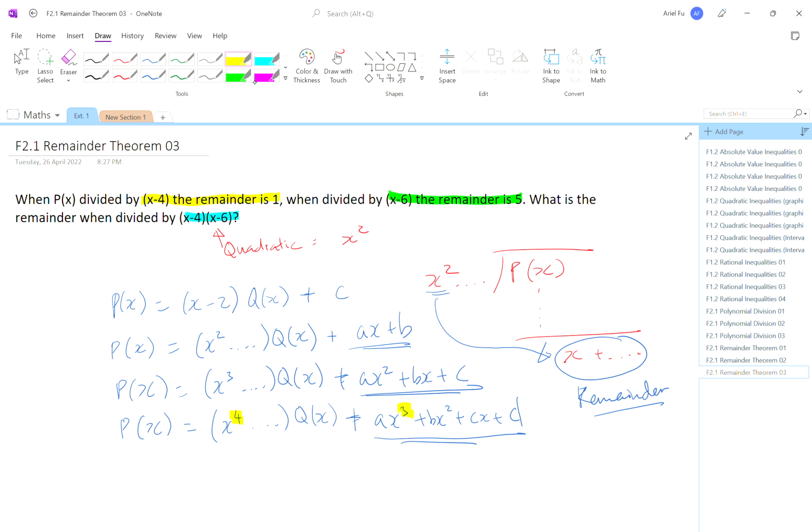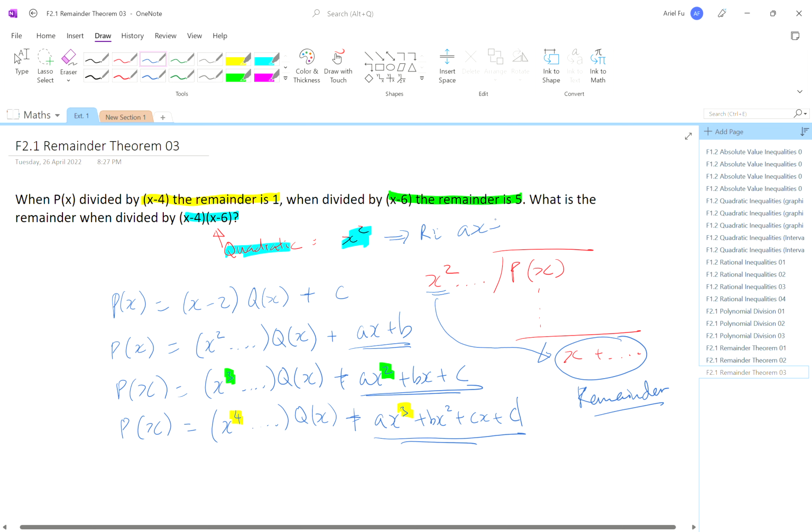If the divisor is a third power divisor, then the remainder can go up to the 2nd degree, because once you get to the 2nd degree in the long division, you can't divide any further. In this particular case, because the divisor is a quadratic, I might get a remainder that is a linear ax plus b. I might end up with something like that.